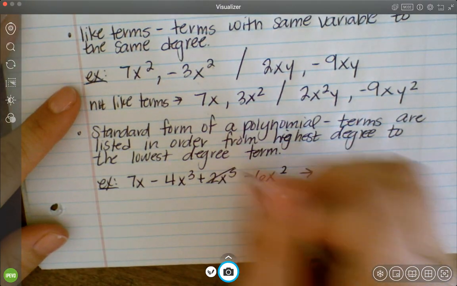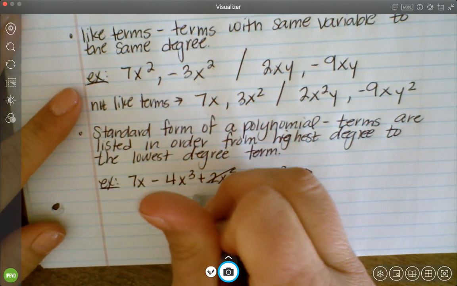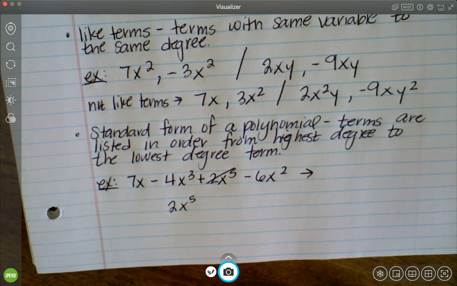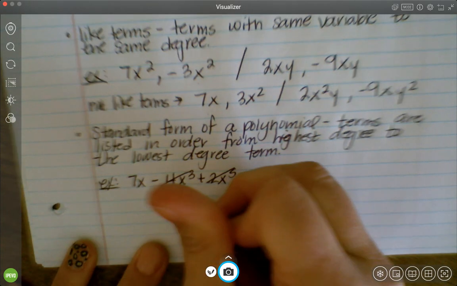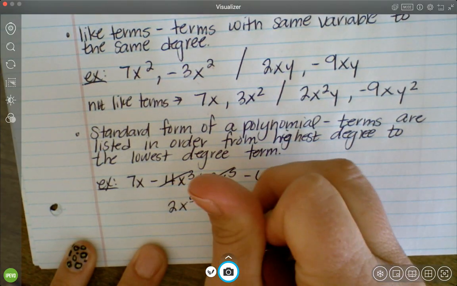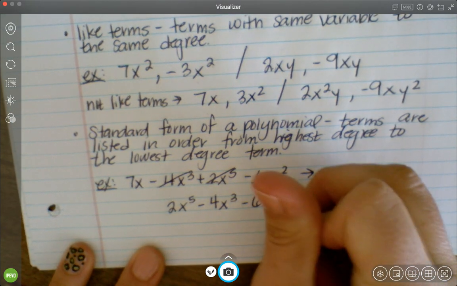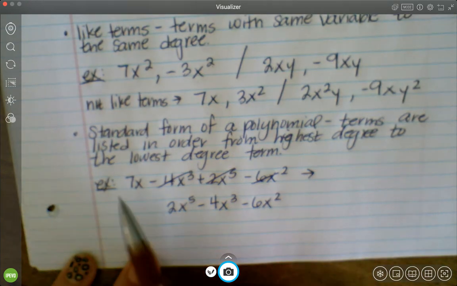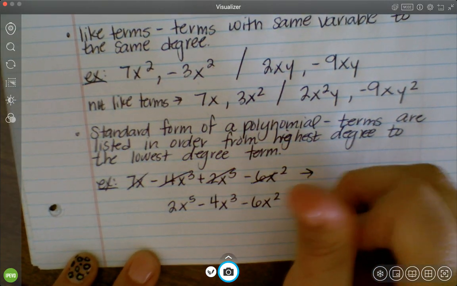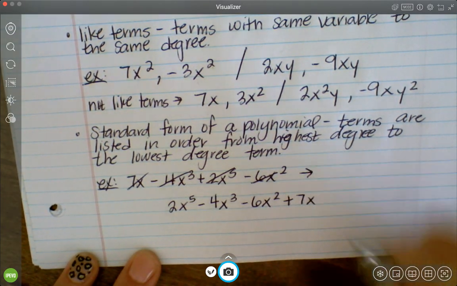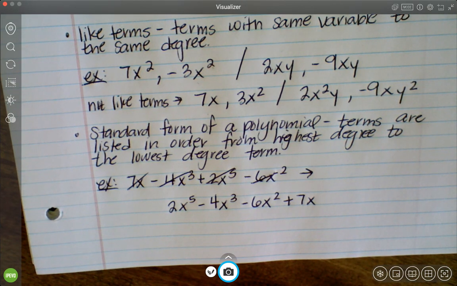So that term comes first. So we have 2x to the fifth, the next highest degree term is the negative 4x cubed, so minus 4x cubed. Then we have negative 6x squared. And then our first degree term in this case is the lowest, so plus 7x. So that would be our polynomial in standard form.